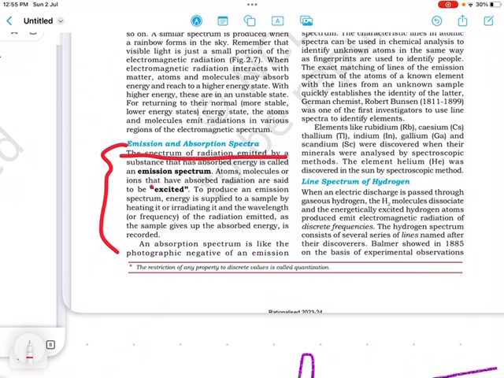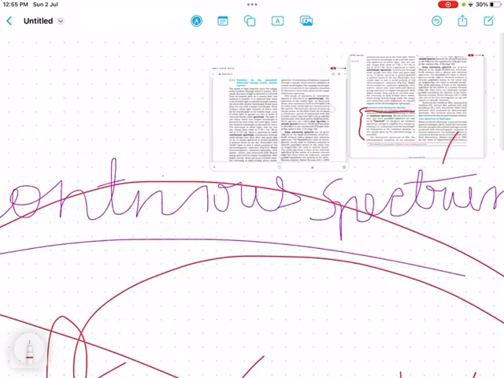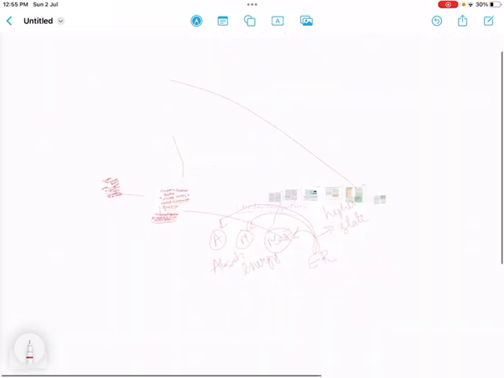To produce an emission spectrum, energy is supplied to a sample by heating or irradiating it, and the wavelength or frequency of the radiation emitted is recorded. An absorption spectrum is like the photographic negative of an emission spectrum.